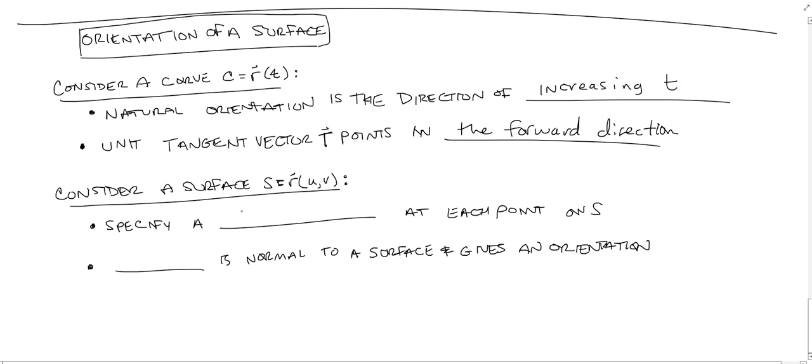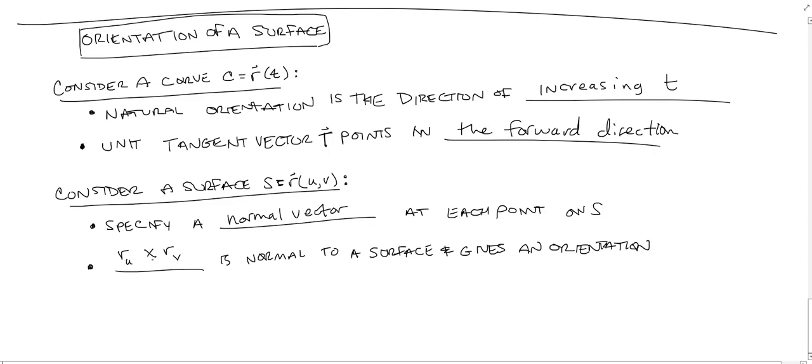And so what you want to do is specify a normal vector, and this will be at each point on the surface S. And that's going to be relatable to our tangent vector for our curve. And so what is the normal vector? Well, we can use the partial derivative of r with respect to u cross the partial derivative of r with respect to v.